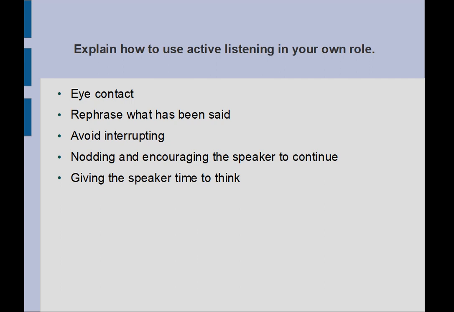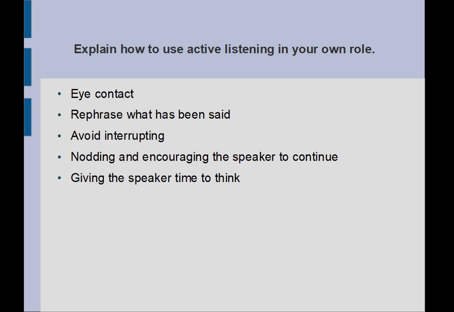Now, we need to explain how to use active listening in your role. You want to encourage the person to keep speaking. That could mean that you nod along. Normally when somebody is speaking, they look away and they look back a little bit, and they look away when they're thinking.